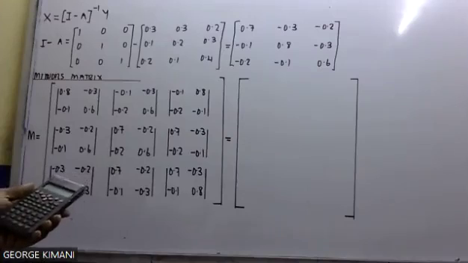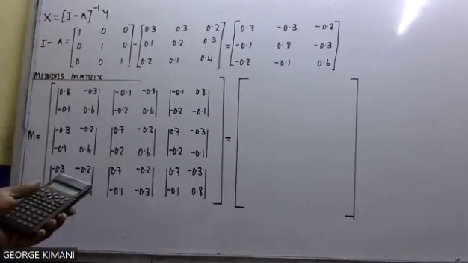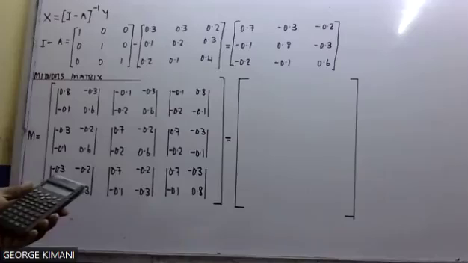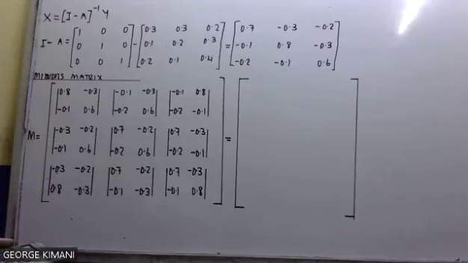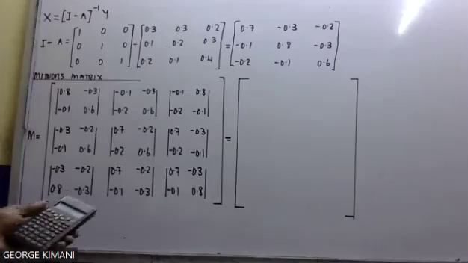I think I've done something wrong. Sorry. 0.8 times 0.6 minus 0.3 times 0.1. I'm getting 0.45.